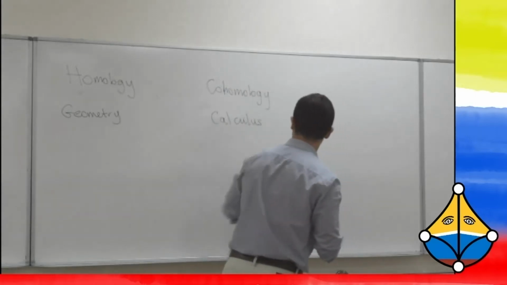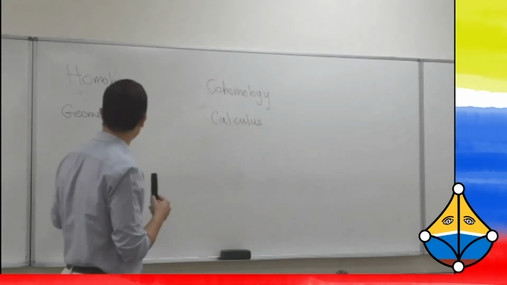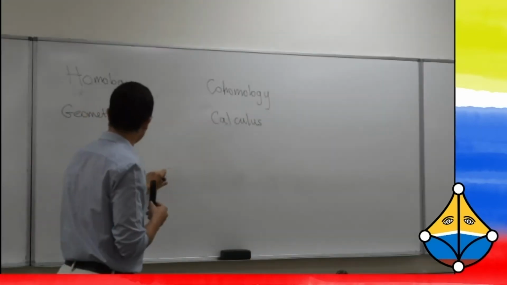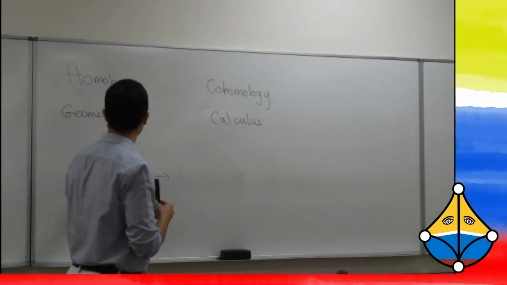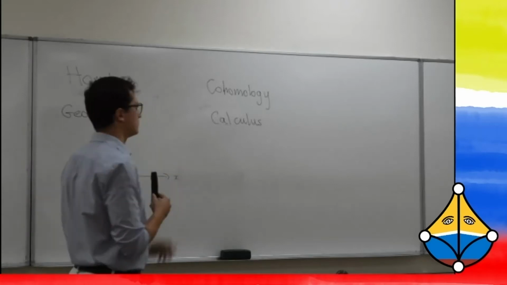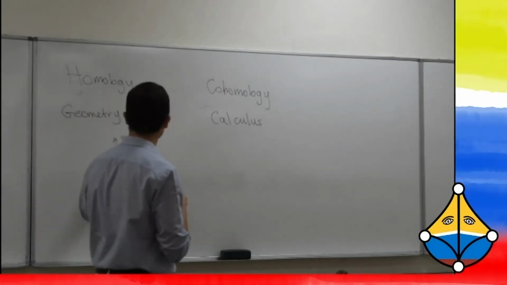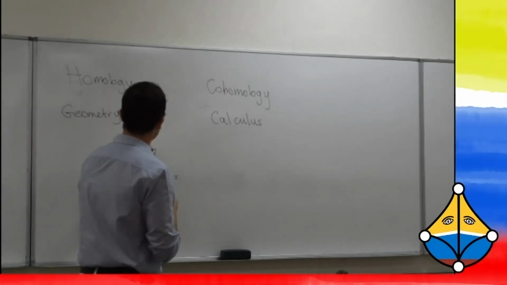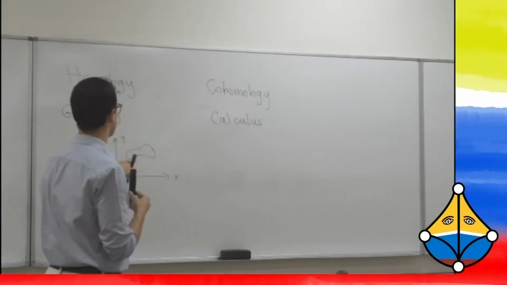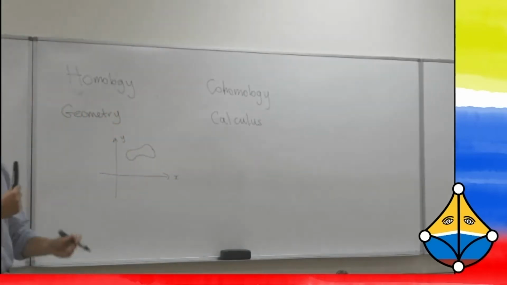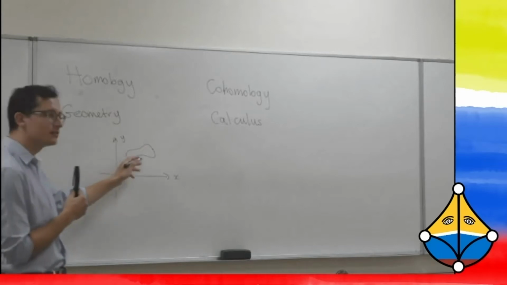If you have the plane, R2, the XY plane, there's a well-known theorem called the Jordan curve theorem. If you draw any closed curve, meaning it starts and ends in the same place, then it splits space into two: the inside and the outside.